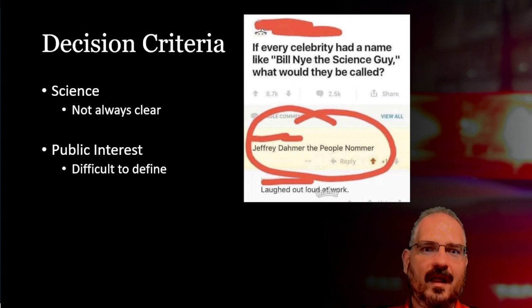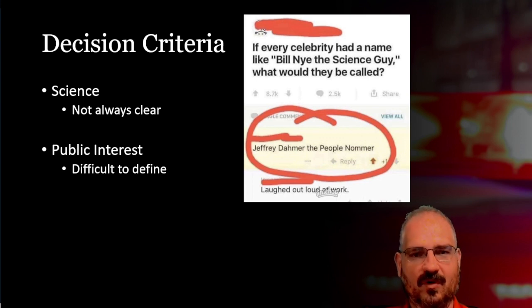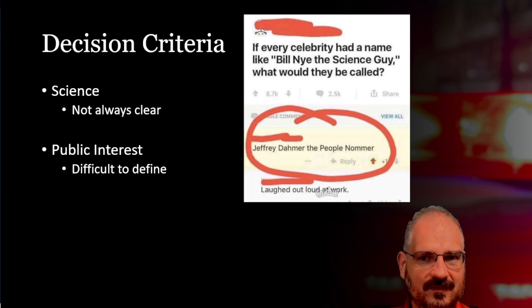Now, another decision criteria we could use is the public interest. I'm going to make the decision that is best for the public. But once again, this can be very difficult to define, right? What is in the public's best interest? In some cases, it's very clear, but in a lot of cases, it's really not.